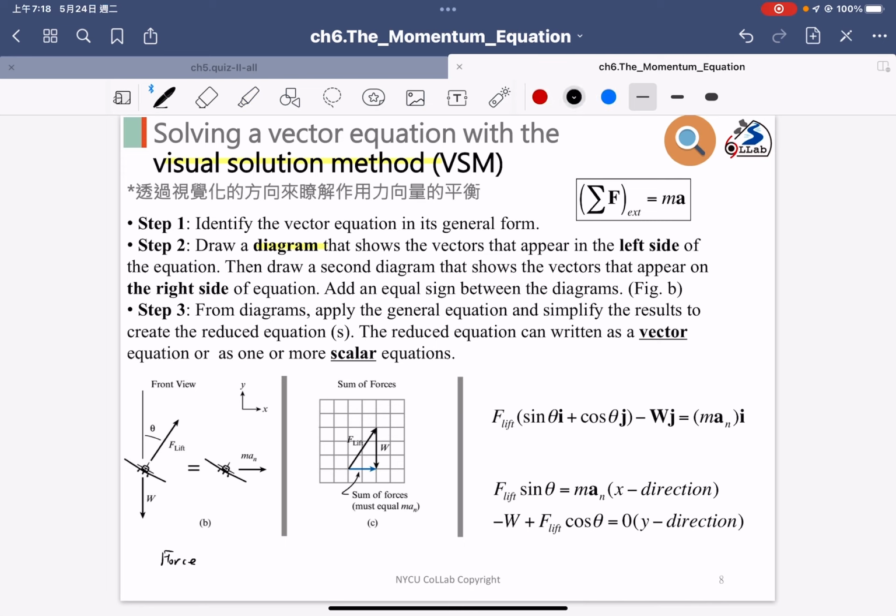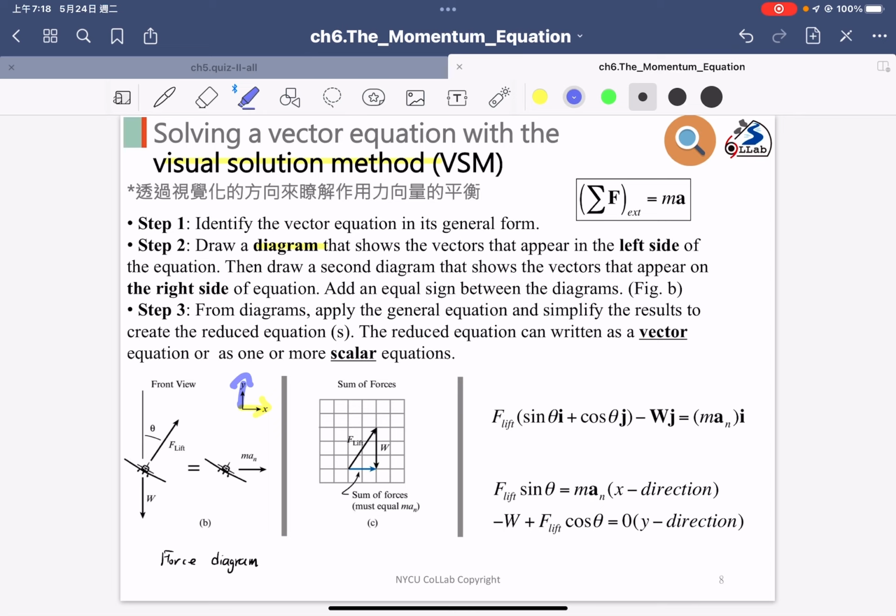Because the forces are vectors, the second step is to divide the vectors into scalar components. So we need to know the scalar directions. Here we have the x direction, and the other direction is y. So we will convert the force into the scalar directions, x and y.